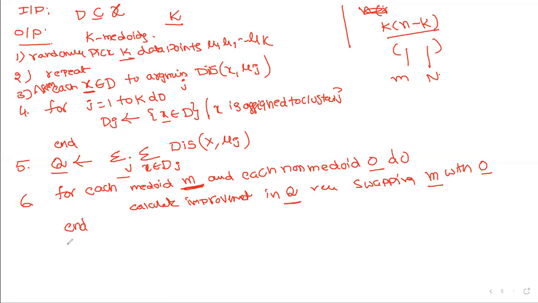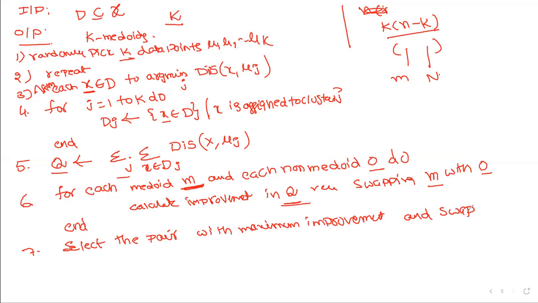Finally, among all the pairs, we have to select the pair with maximum improvement, and finally perform the swap operation. The same thing, only these steps 5 and 6 are the additional points.